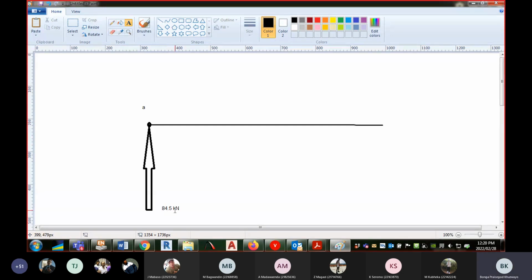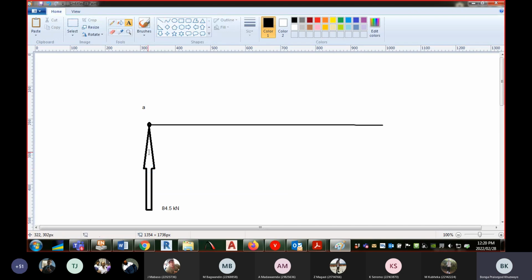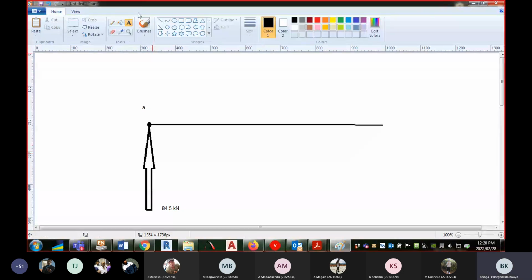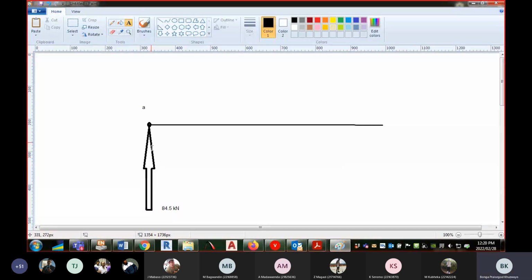The 84.5 kilonewton is applied directly at the node. So I'm saying this force, how do I highlight this reaction now? Anyway, this support reaction of 84.5 kilonewton is applied at the node.